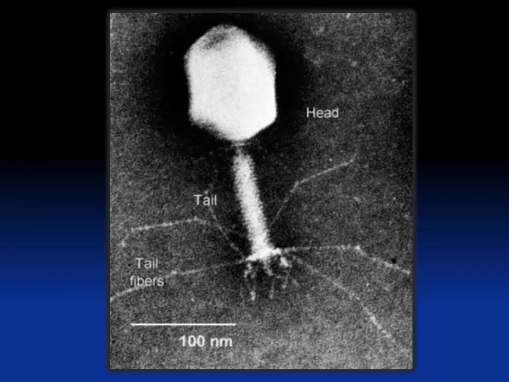Bacteriophages are the viruses which infect bacteria. I probably did not mention that earlier, but every living organism in the world could be infected with viruses, and hence bacteria are infected with bacteriophages.